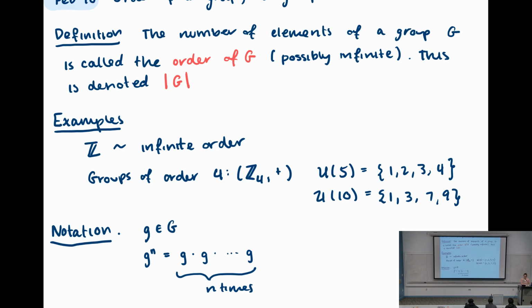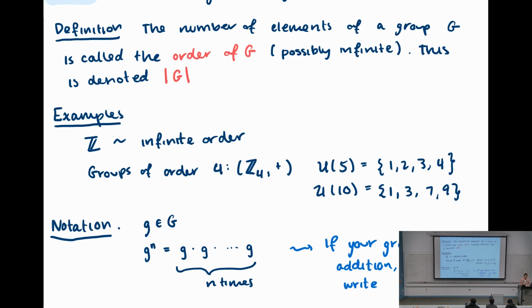Also, I'll caution that if your group uses addition, you may write n times g. But in general, when we're speaking abstractly about groups, we'll always think of multiplication as the operation, and we'll write it as g^n.